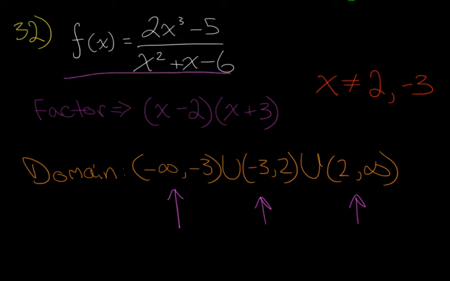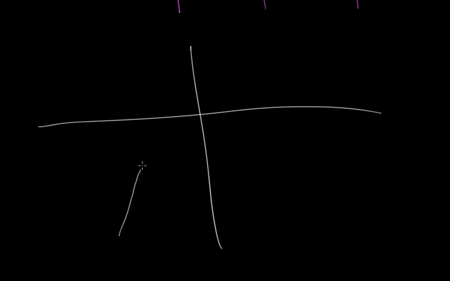And if you do graph this, the graph looks something like negative 3, and 2, I think it was something like this, and then like that.